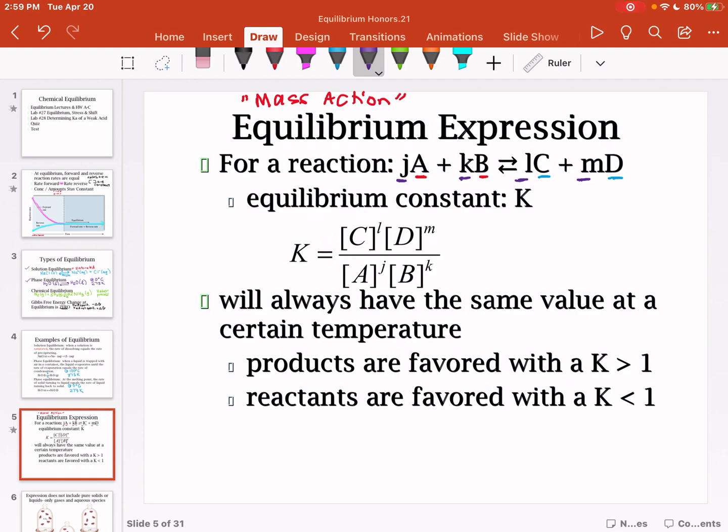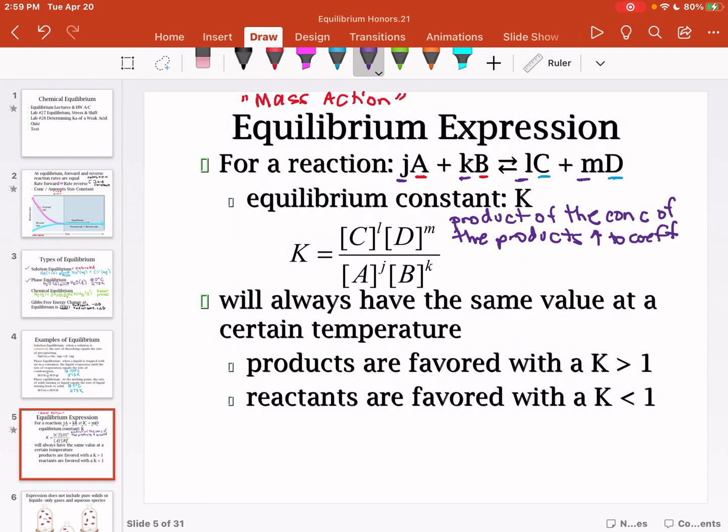In words, you can set up an equilibrium constant expression by doing the following. You take the product of the concentrations of the products raised to the power of their coefficients.